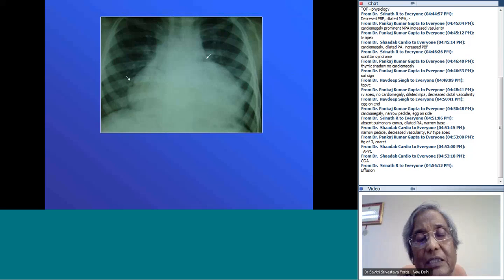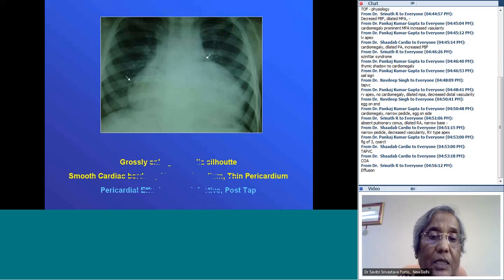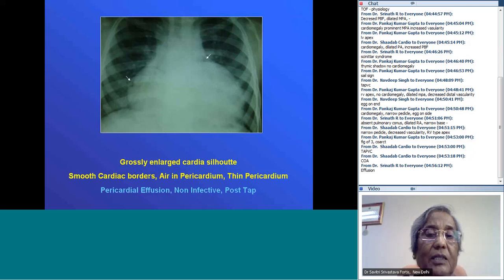a grossly enlarged cardiac shadow. You described smooth cardiac borders, and in these 2 areas there is air in the pericardium. This is air, and above that is a very thin pericardium. That's why I wanted this reason.